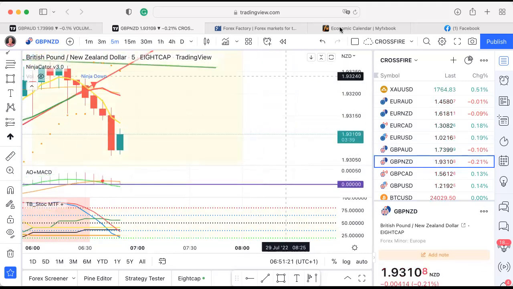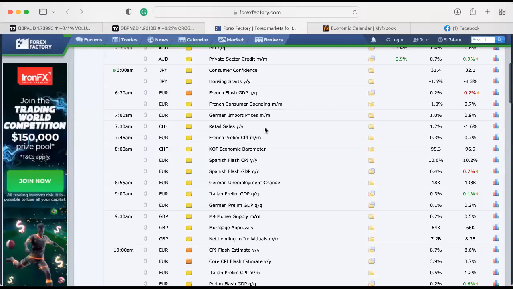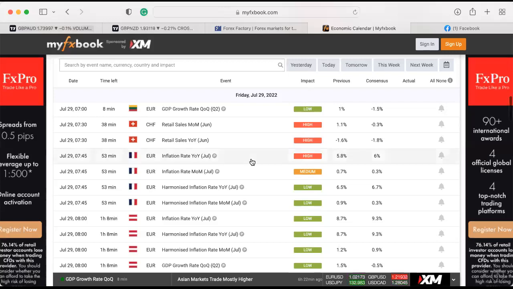So let's just have a quick look at the news and see what might be influencing this. 6:30, there was orange. That was just one European country. That shouldn't have had such a drastic effect. That's also one country. I think there were more items here.